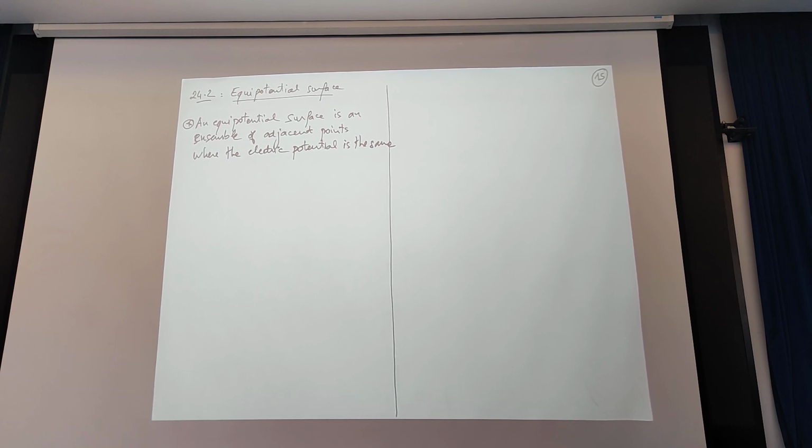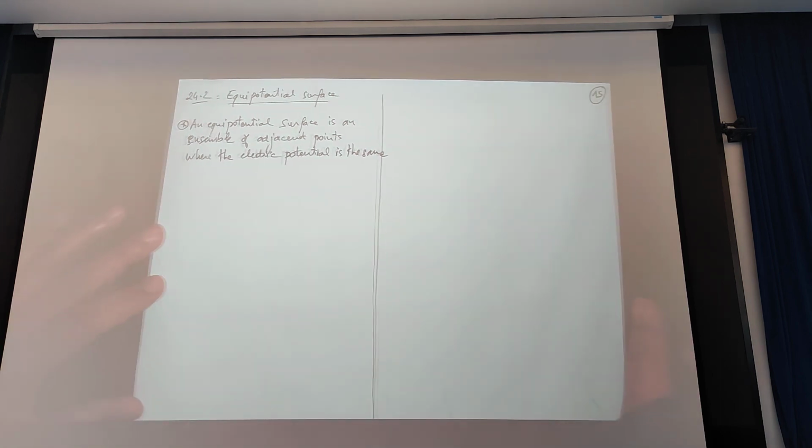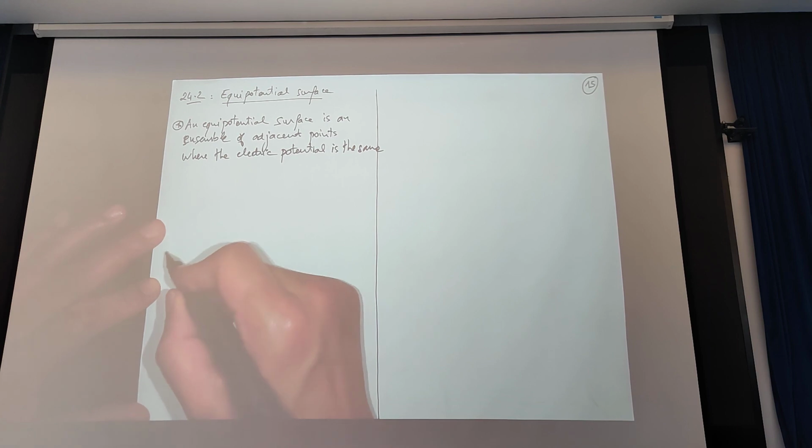Again, an equipotential surface is an ensemble of points where the electric potential is the same, is equal. So we can make a drawing like this, for example.